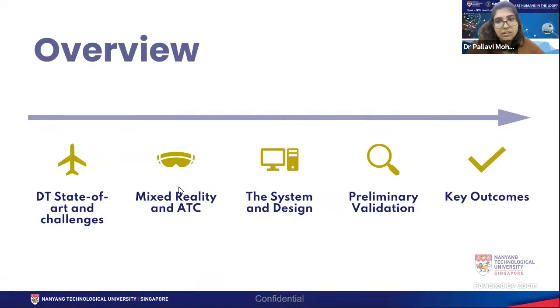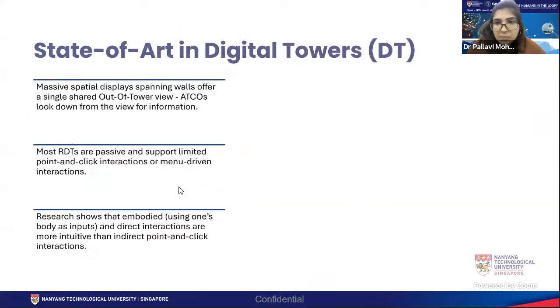Let's start with the state of the art in digital towers. ATC towers have come a long way from conventional physical towers to remote digital towers that have dedicated displays at a separate location.